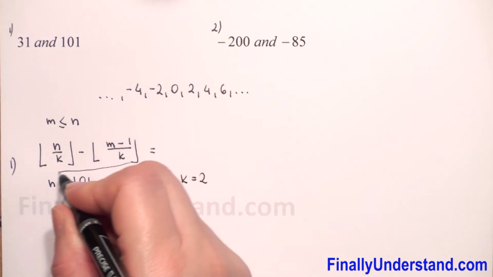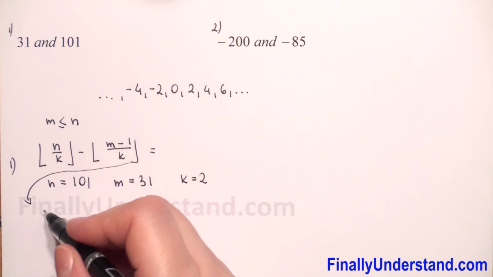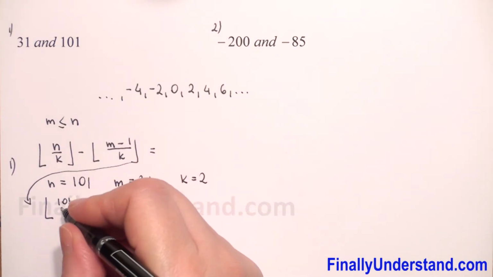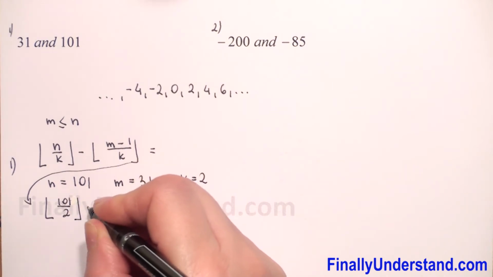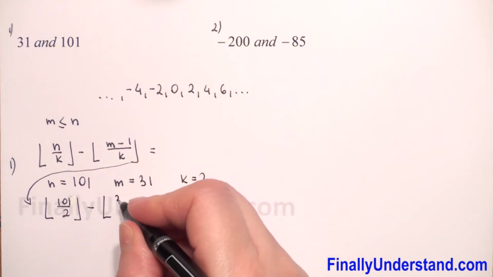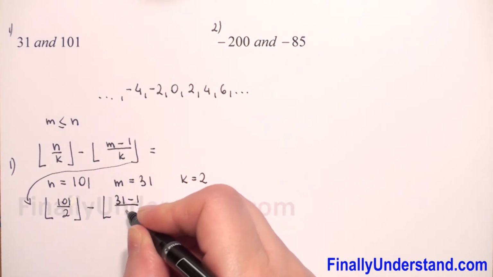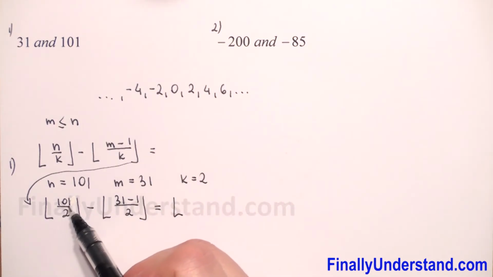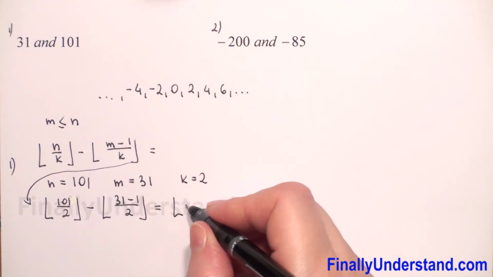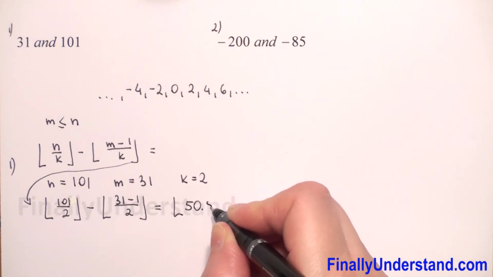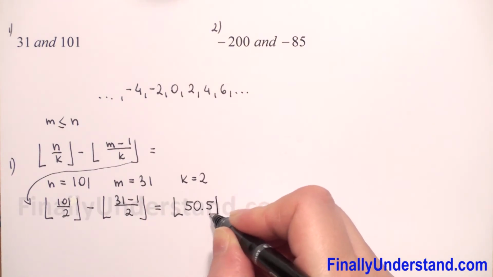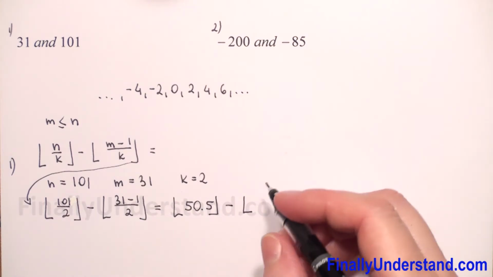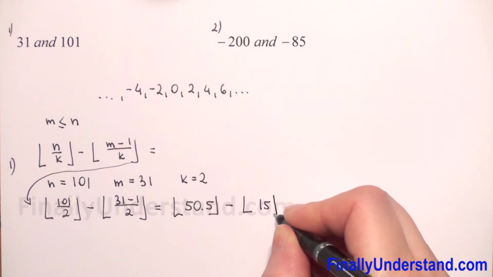So this is equal to floor of 101 over 2 minus floor of (31 minus 1) over 2. So this is equal to floor of 101 divided by 2, which is 50.5, minus floor of (31 minus 1), which is 30, divided by 2, which is 15.